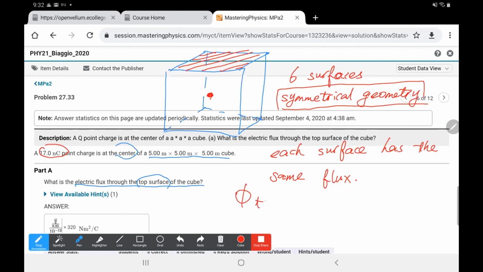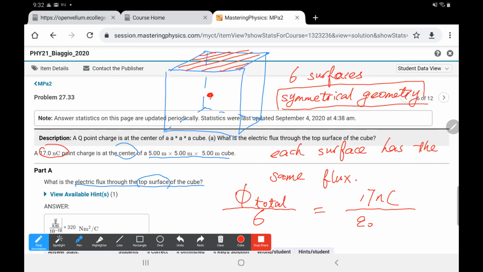The total flux could be obtained from the Gaussian Law. Then we use the total flux divided by the number of surfaces, that's 6. For the total box, this is a closed surface. So the electric flux inside this cube will be the charge inside, that's the 17 nanocoulomb over epsilon naught.